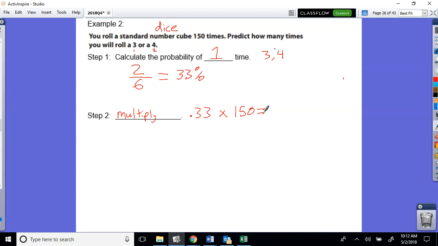If we do that, that gets us 49.5, which we can round to 50 times. So we would expect a 3 or a 4 to show up 50 times if you rolled the dice 150 times.